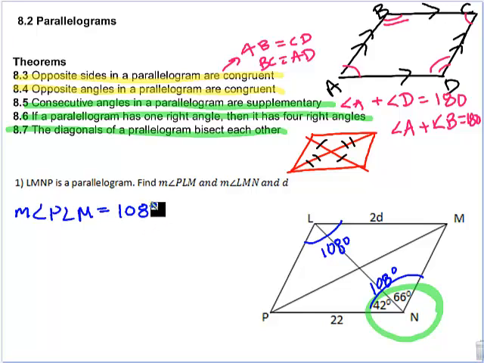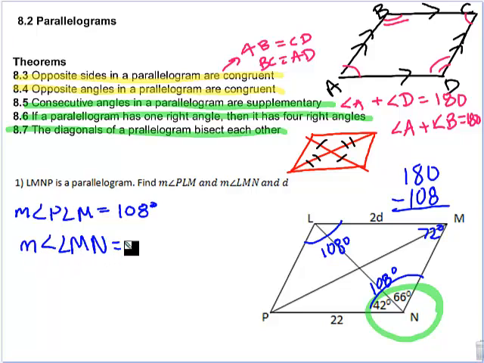Would the angle L be 72 degrees? Yeah, very good. So now LMN, this would have to be 72 degrees. Why does that have to be 72 degrees? Yeah, it's got to equal 180. So we do 180 minus 108 would give us that 72 degrees. So the measure of angle LMN is 72 degrees.